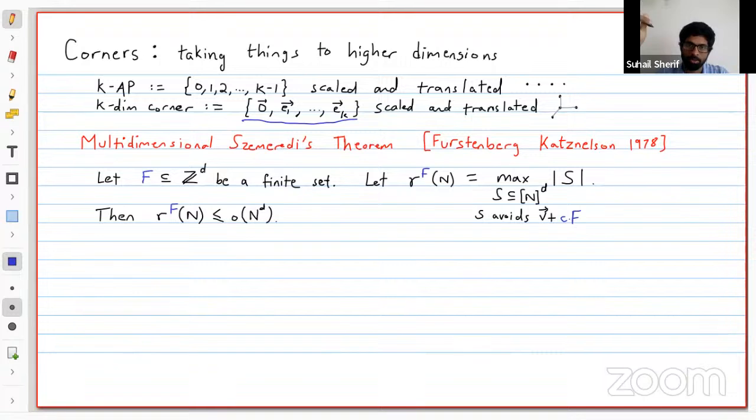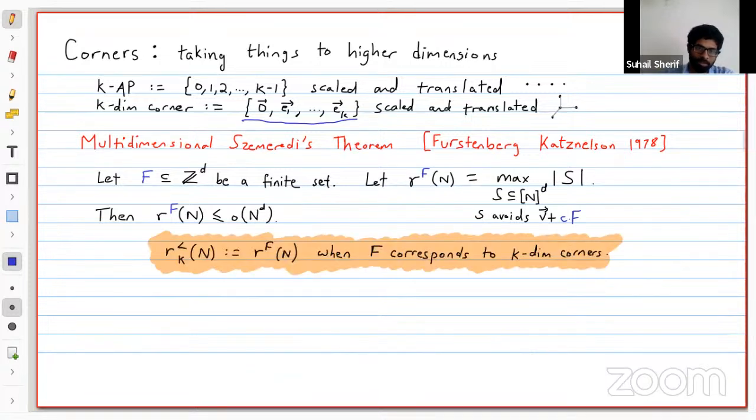So Tao calls this the Rosetta Stone of mathematics, in the sense that this theorem has been proven through many different methods. And by looking at the various proofs of this theorem, you can find connections between those methods, which is a cool fact. But why did I mention corners if this works for any generic shape?